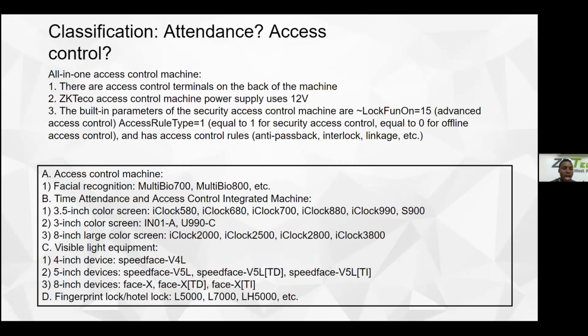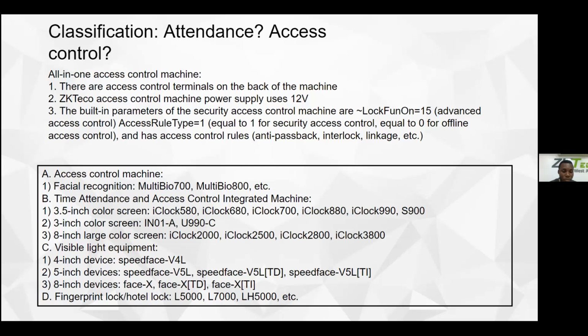Examples are our 3.5 inch color screen devices: the iClock 580, iClock 680, iClock 700, iClock 880, iClock 990, and the S900. We also have our 3 inch color screen INO 1A and the U990C. We also have our 8 inch large color screen devices: iClock 2000, iClock 2005, iClock 2008, and iClock 3008.